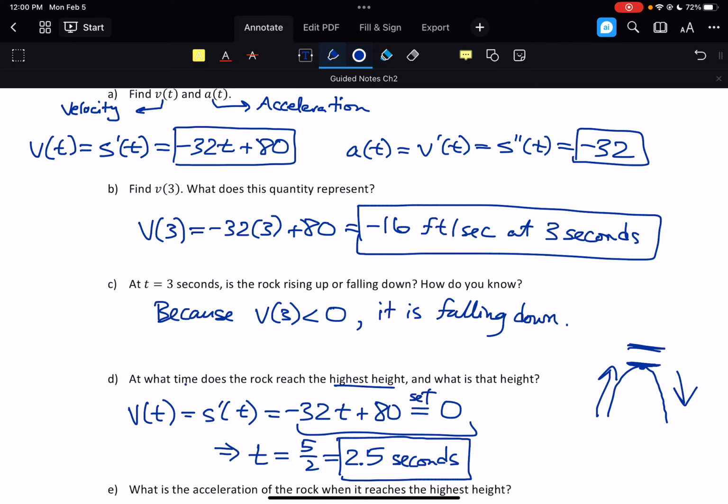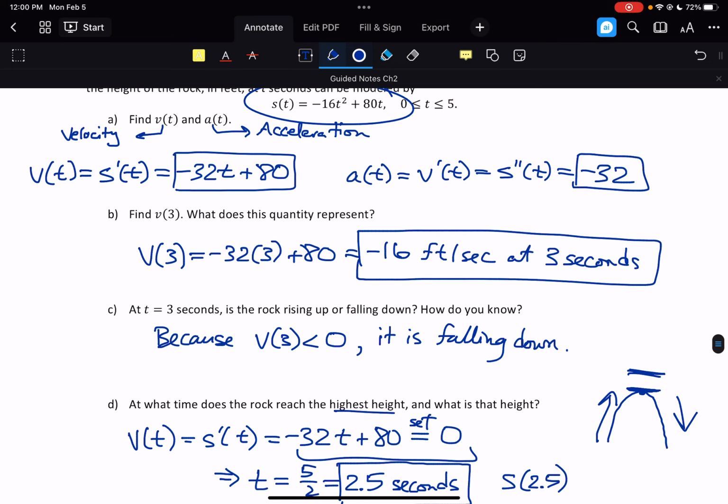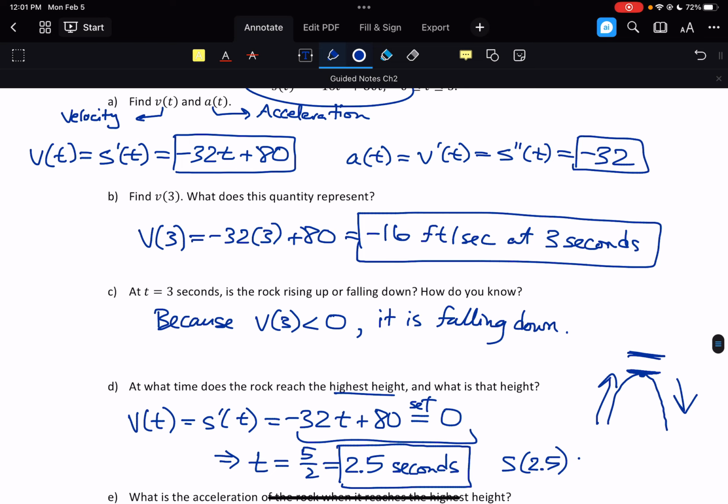That's the time at which it reaches its highest height. And then what is that height? Well, we'll plug this back into the position function. So s of 2.5, plugging back into the original one, which I'll just tell you what we get. We end up getting 100.